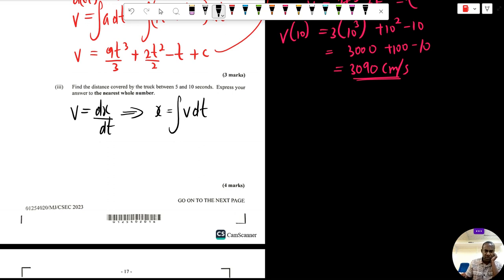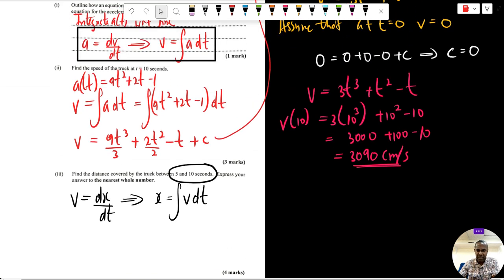Now, in this particular case, we're told to find the distance traveled between 5 and 10 seconds. When you see information like that, what it means is that you're expected to evaluate a definite integral. And so basically, you're expected to integrate the expression for the velocity between the limits of 5 and 10.